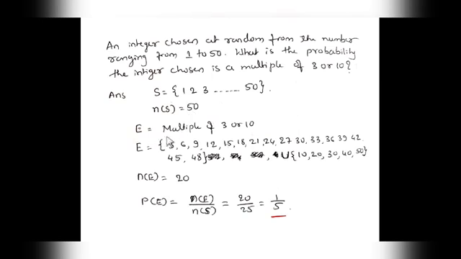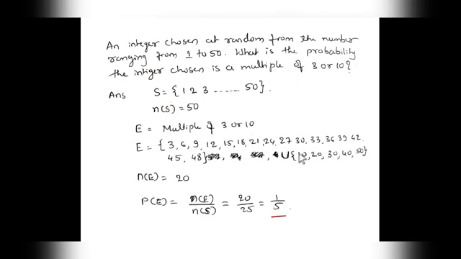Event E is multiple of 3 or 10. Multiples of 3 are 3, 6, 9, 12, like this way, between 1 to 50, union multiples of 10: 10, 20, 30, 40, 50.